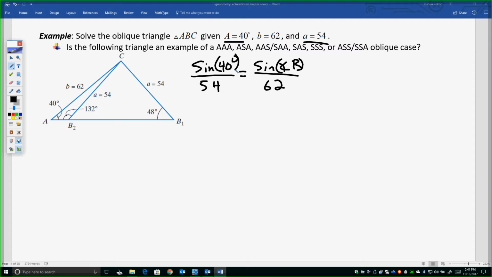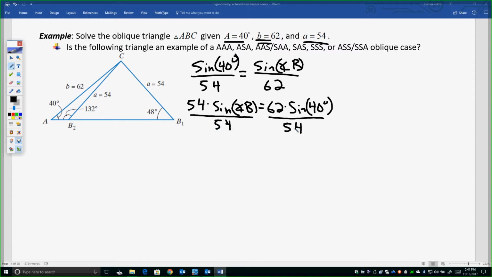Because the only other thing we have is a B, so we have to compare it to B. So do our cross multiplying, and we'll get 54 times sine of B equals 62 times sine of 40. And we'll divide by 54. So sine of angle B equals 62 times sine of 40 over 54.